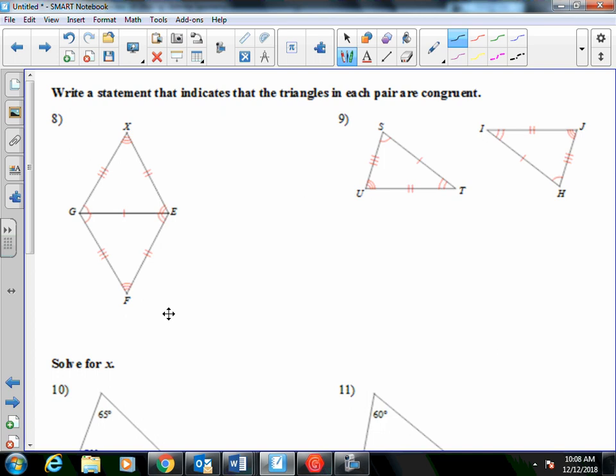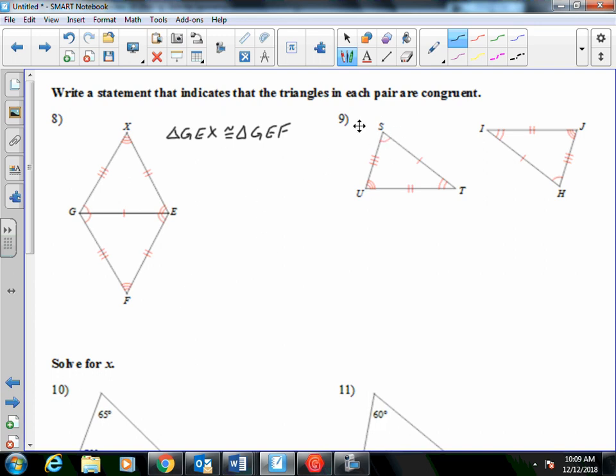So that's going to give me triangle GEX congruent to triangle GEF, in that order.